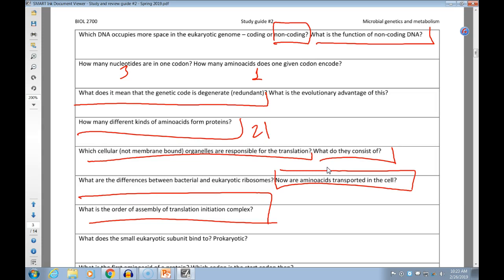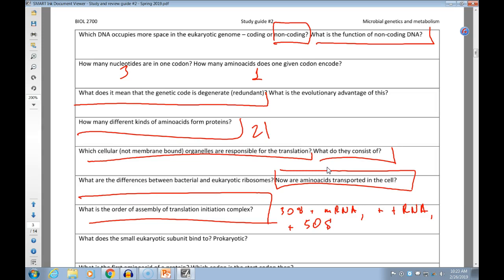Then, mRNA and small subunit collectively bind the first tRNA, the methionine tRNA, AUG codon. And then, finally, the large subunit joins the complex. So the order will be 30S plus mRNA plus tRNA plus 50S subunit.